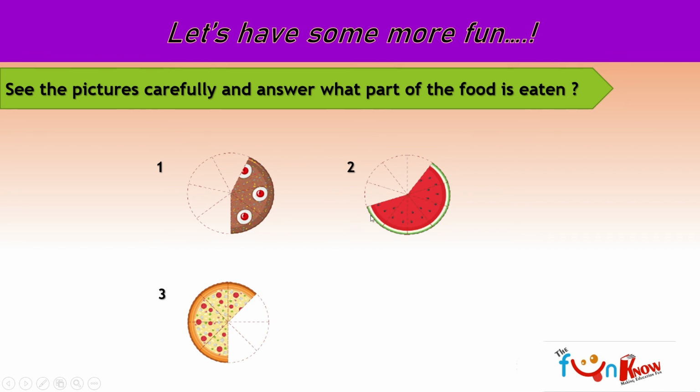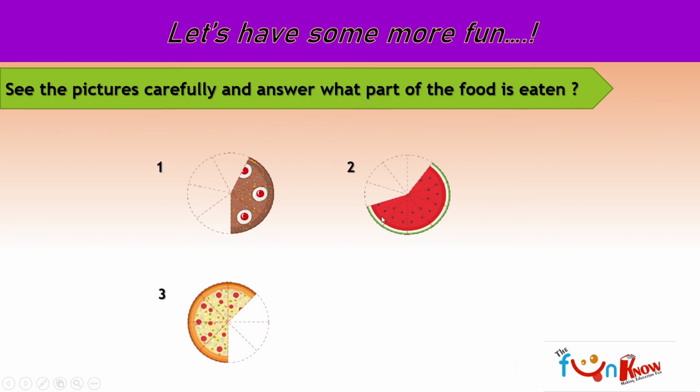Here in the second example, check out how many parts are there. 1, 2, 3, 4, 5, 6, 7, 8, 9, 10. The whole watermelon is divided into 10 parts, students. Let us count once again. 1, 2, 3, 4, 5, 6, 7, 8, 9, 10.